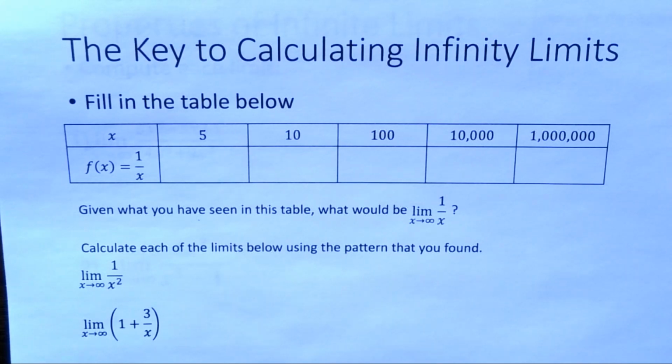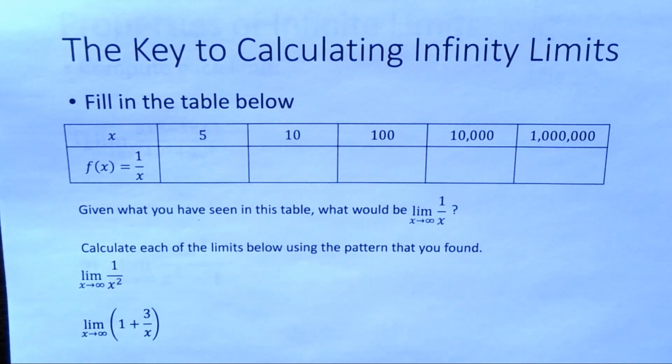So to do this, we can take a progression. In this case, we're going to put inputs of 5, 10, 100, 10,000, and then 1,000,000 into the function 1 over x, and we're going to look for a pattern to see what is happening to these numbers.